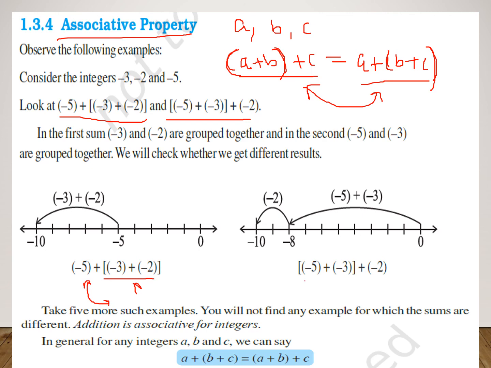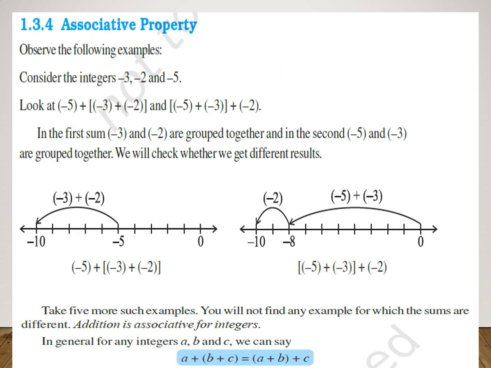Here you will solve first this bracket and whatever comes you solve that thing with this minus 2 and you will find in both the cases, although brackets were different, answer is same. Okay, this is known as associative property and we can say addition is associative for integers.